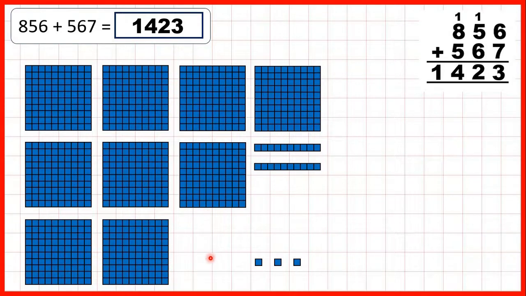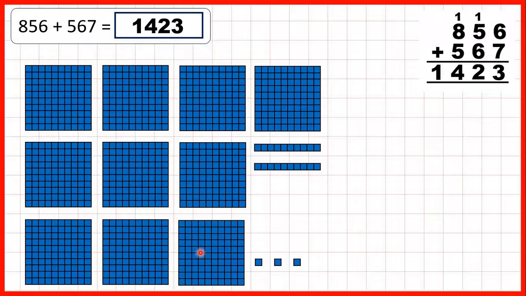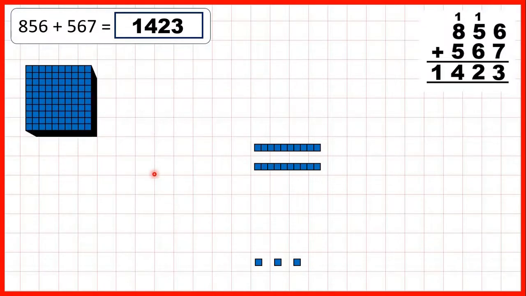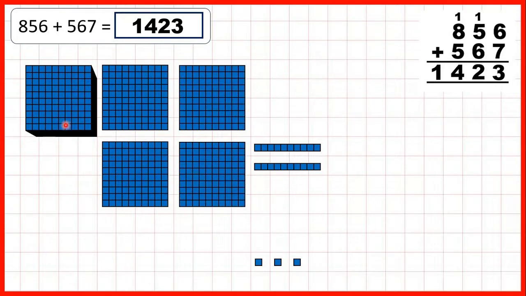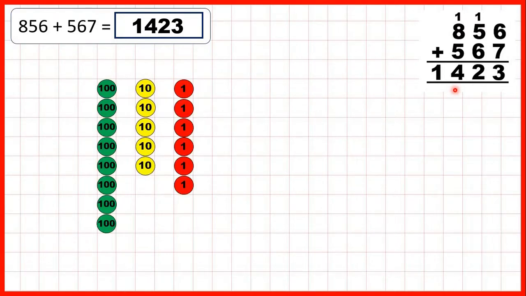So we can add 100, then exchange because that gives us 10, then add 2, 3, 4, 5, and you can see that we now have 1,400s in our answer.